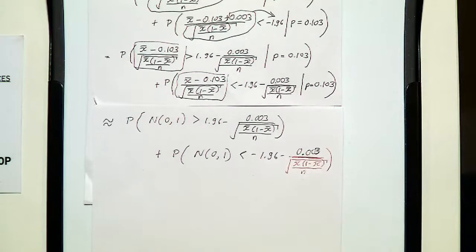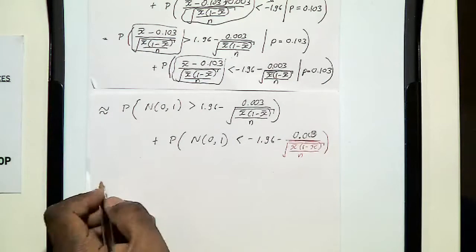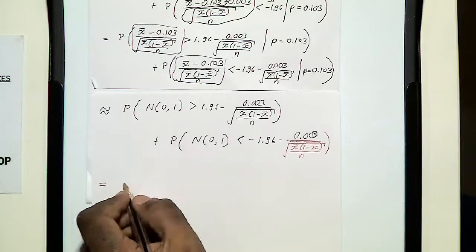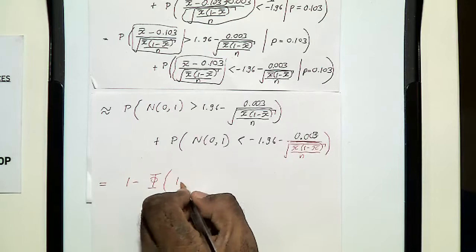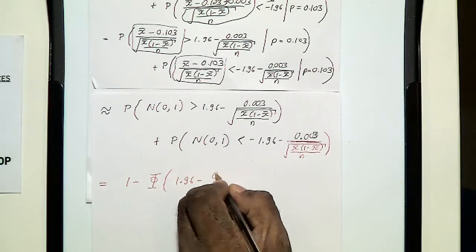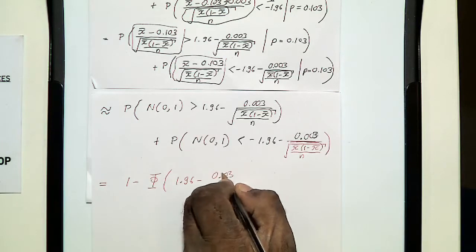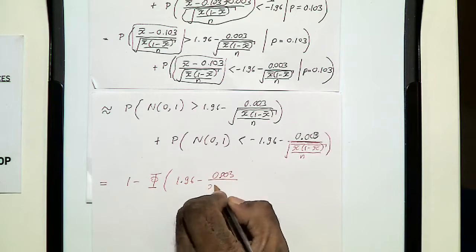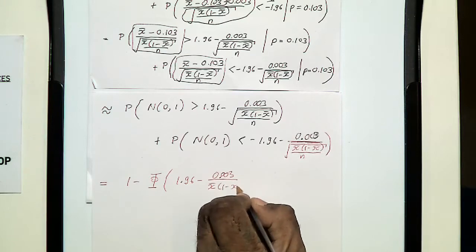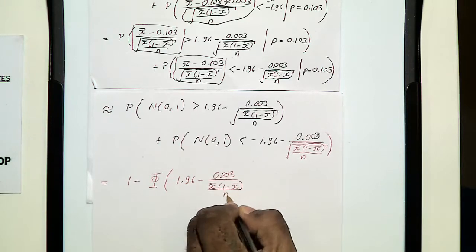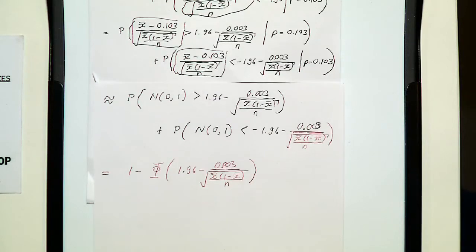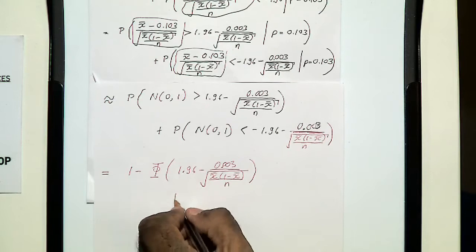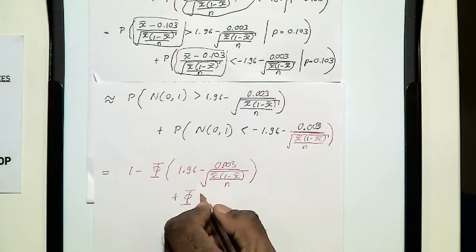Alright, this is what you will get. And in the next line, this guy here can be written as 1 minus phi, and this guy here can be written as phi.